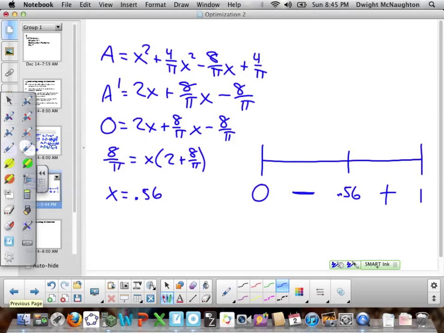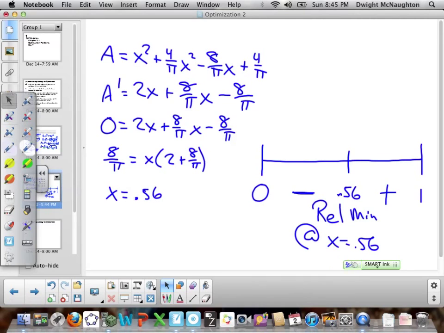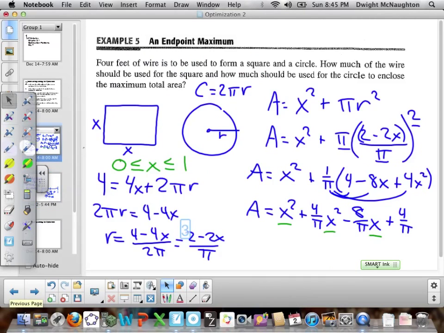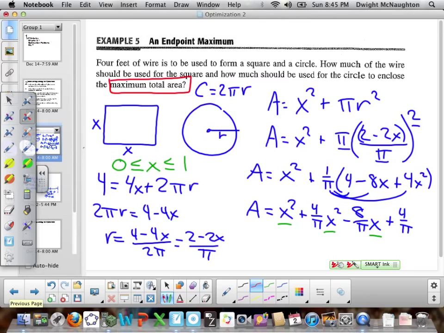So we can see that the x value that causes a relative min is at x equals 0.56. So when we go back and look at our question, make sure we answer it. The question says maximum area. Okay, what?